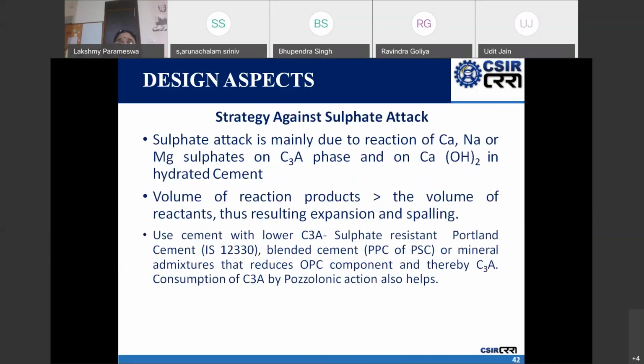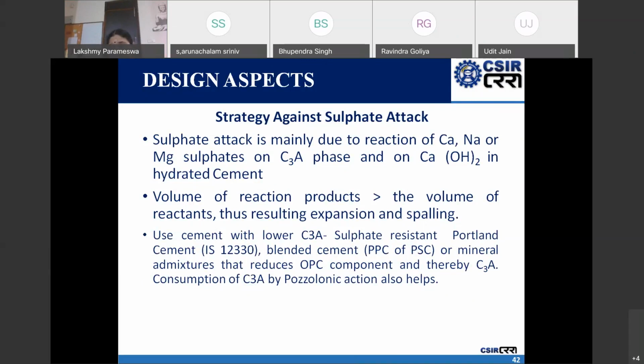Then for sulfate attack also, basically the sulfate is there in the groundwater or the soil, so one may have to do the testing and then use either sulfate resistant cement, or then there are certain coating materials available, because again here there is a volume increase because of the expansion, because of the reaction products, and the strength of the concrete is likely to get reduced.